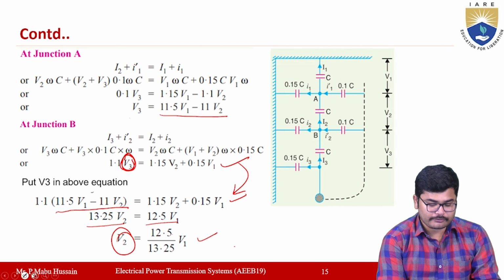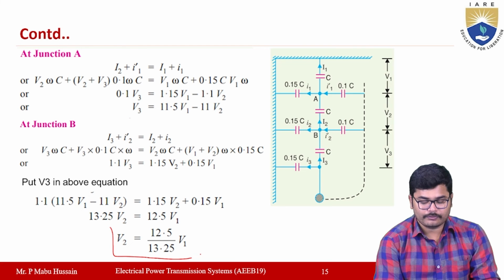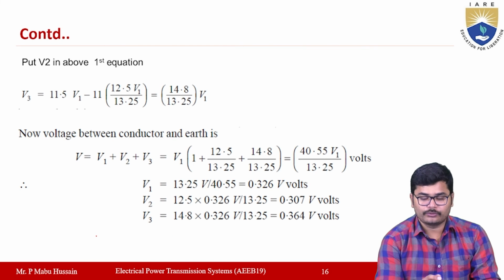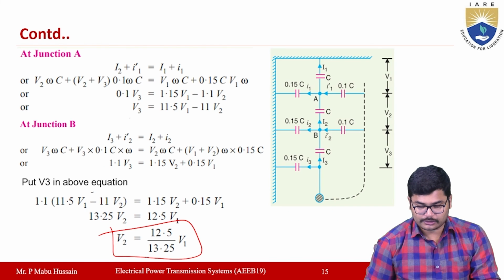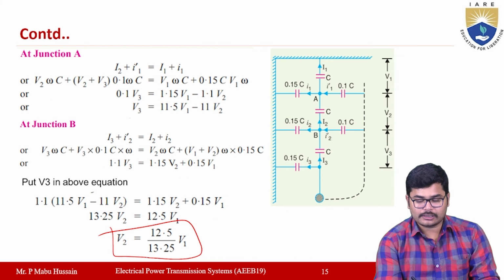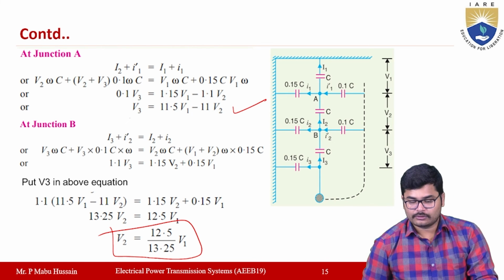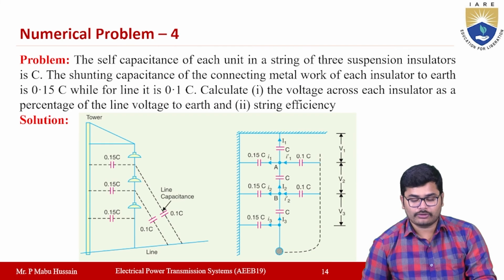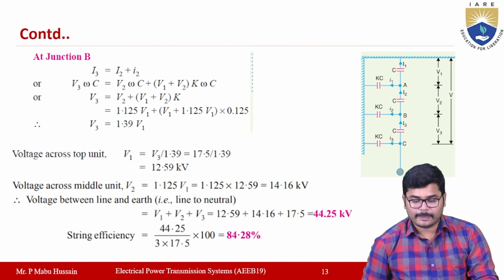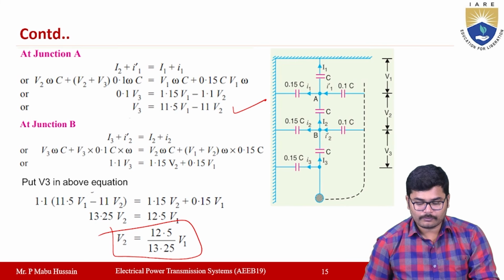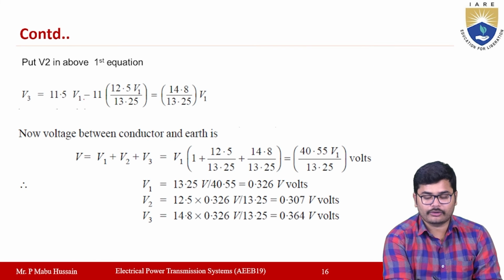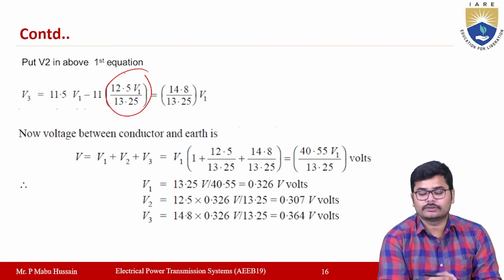Again this V2, we are going to substitute in the first equation. The first equation is this equation. In place of V2 we are going to substitute that value here.